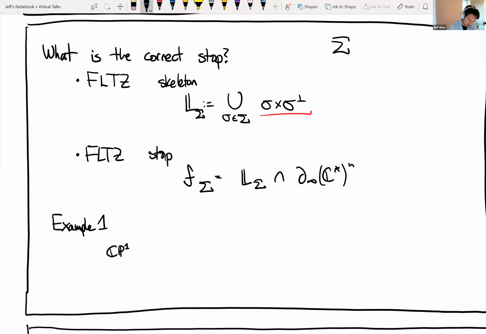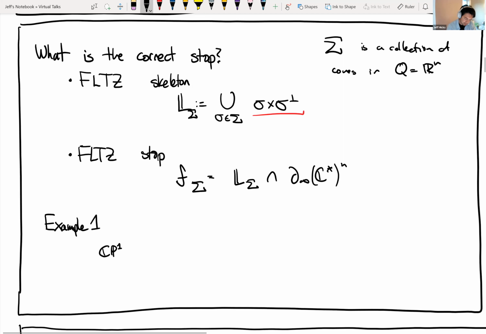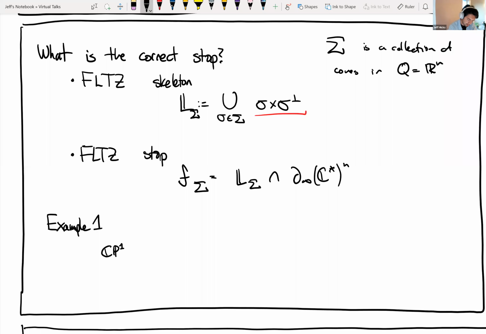So recall sigma, this fan, is a collection of cones in the base of my SYZ fibration, Q equals R^n. The C star n, which this thing is going to live inside, we thought of as being T star R^n mod a lattice.